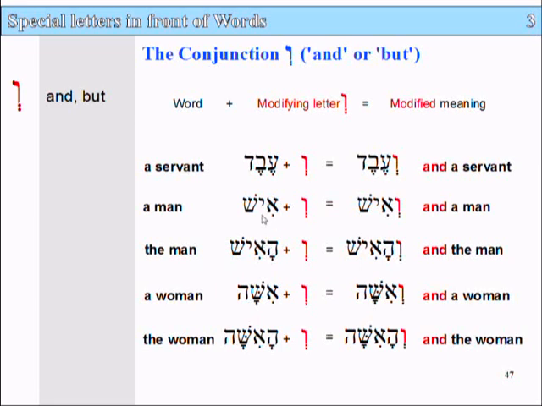So if we have the word ish and we add a hey to it, it changes from a man, an indefinite word, to a definite word, the man. And if we add the vav to it, it means and the man. The vav just means and.